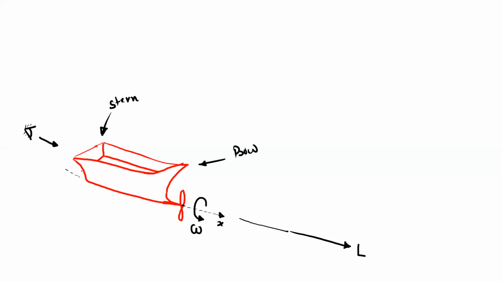So this is the X. This is Y axis in the plane of water. And there is one perpendicular axis. So this is Z.